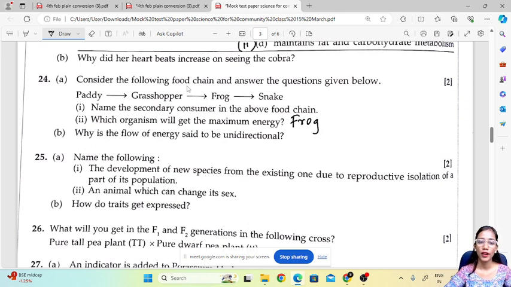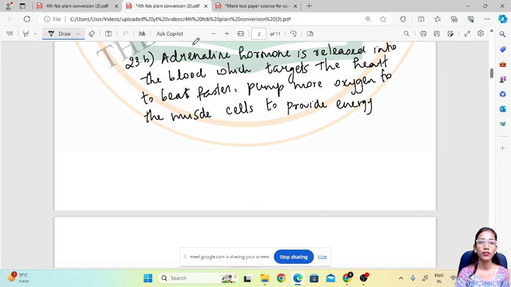Why is the flow of energy said to be unidirectional? Very important. Okay, in a food chain we know that the energy is passed on from the first trophic level to the next trophic level, and it is never reversed back.